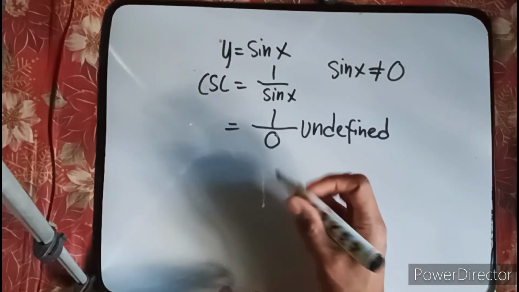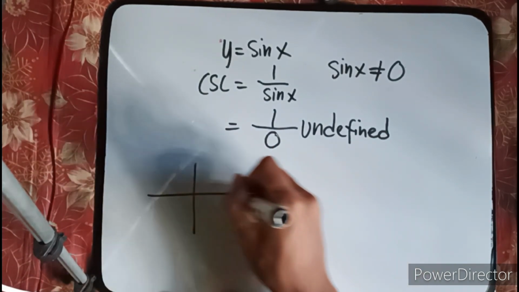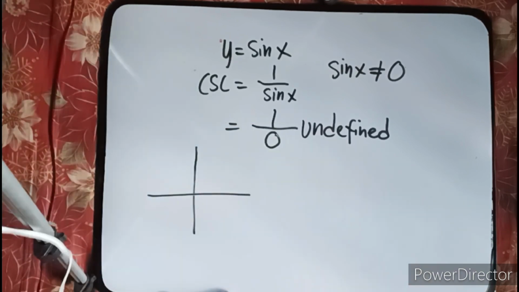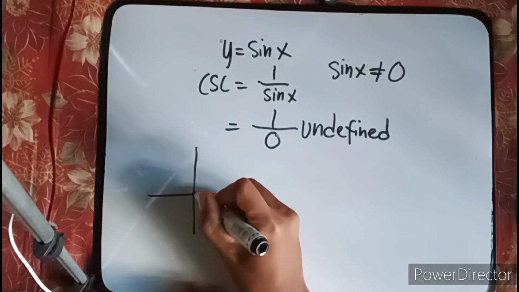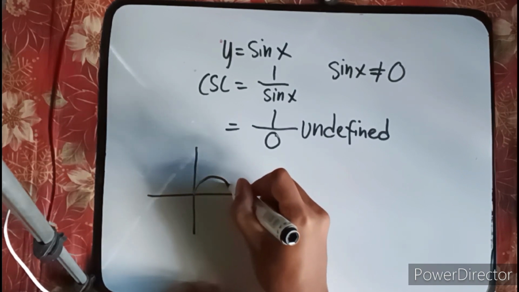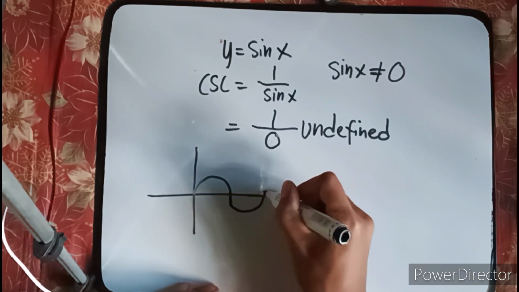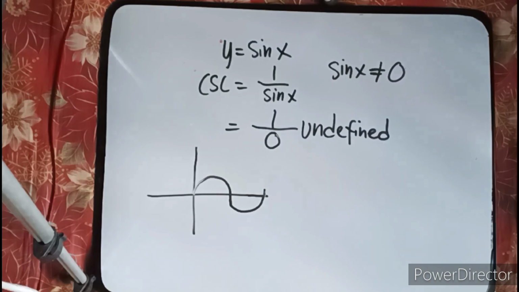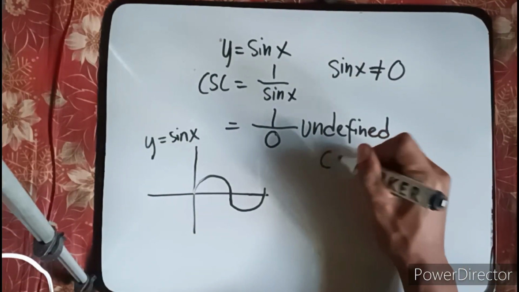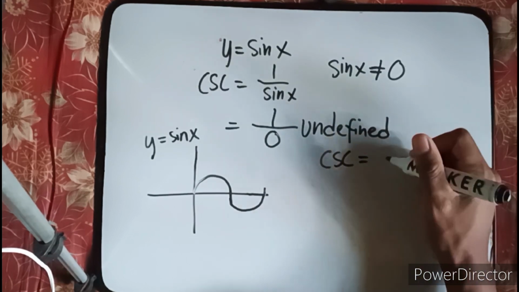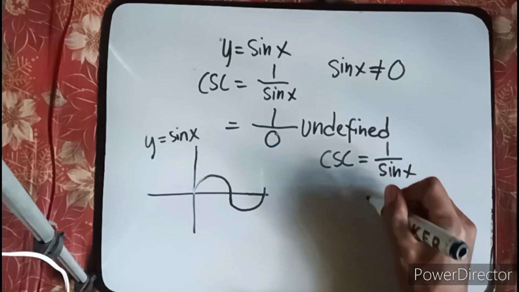So let's make a graph of the sine graph. We know that the sine graph looks like this. And so if we graph the cosecant function, cosecant x is the reciprocal of sine x, which is 1 over sine x.